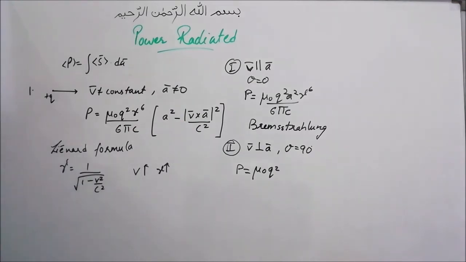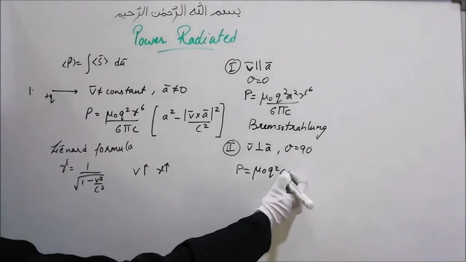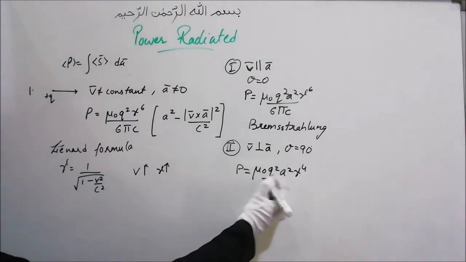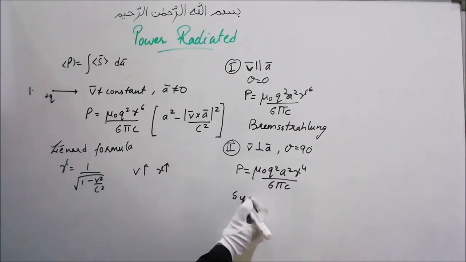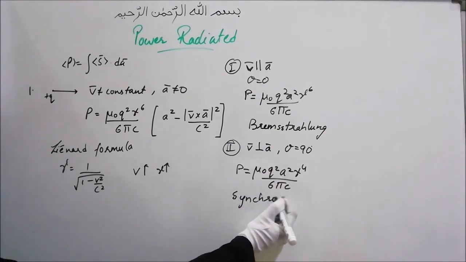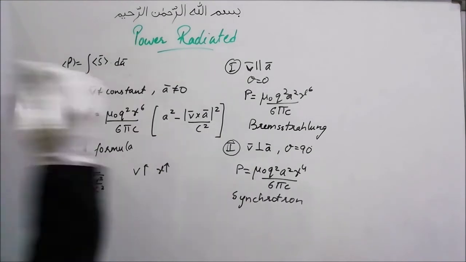So we will have mu naught q squared a squared gamma raised to 4 upon 6 pi c. This type of radiation is called synchrotron radiation.